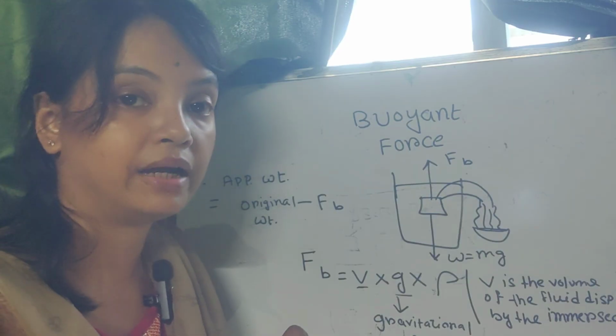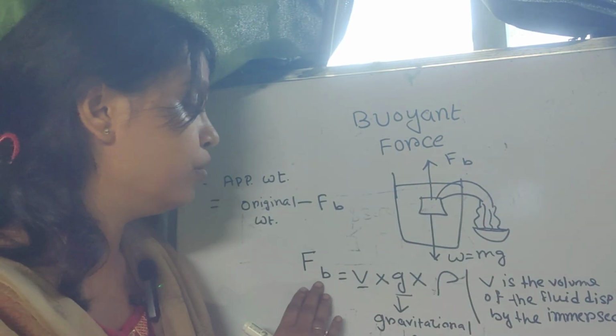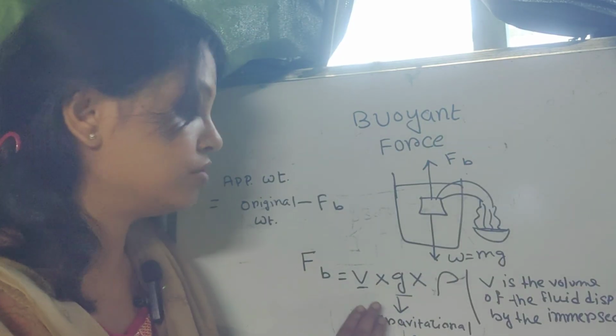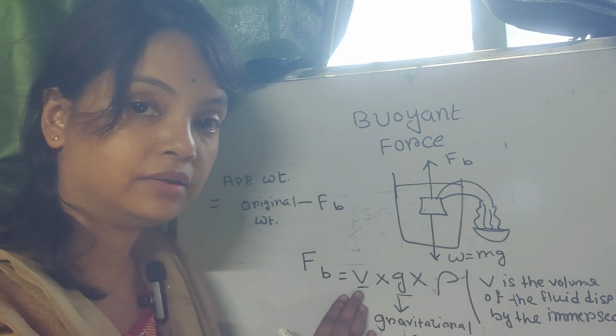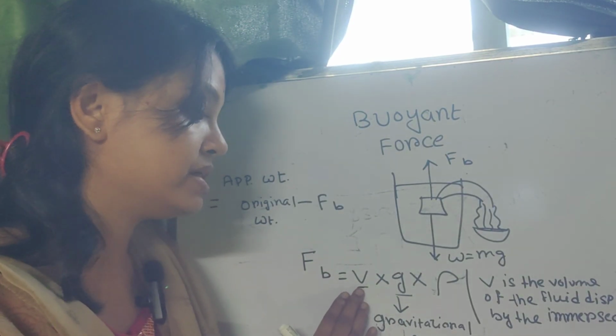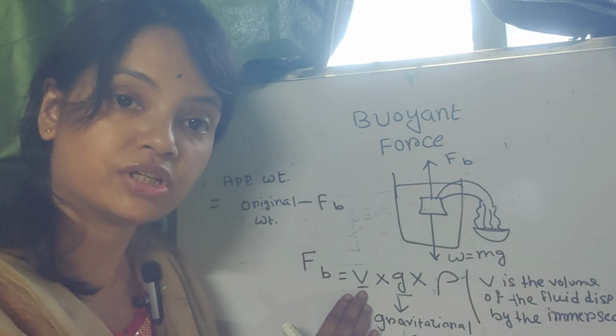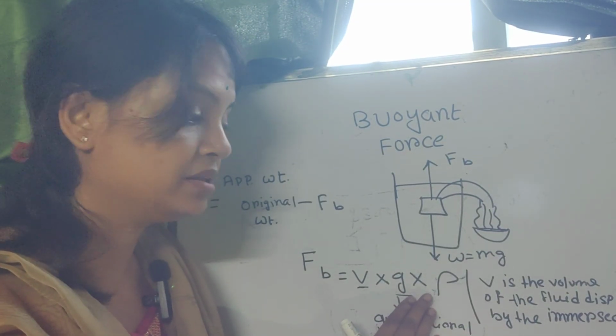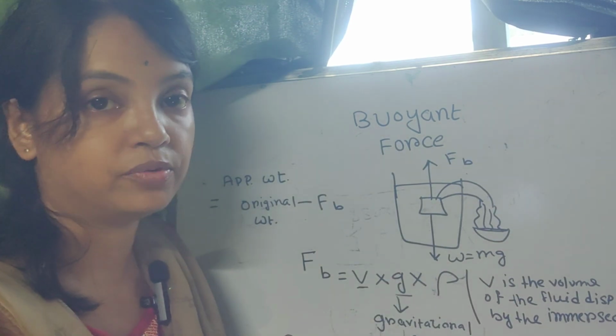So we can say that the buoyant force can be expressed as the product of the volume of the liquid that is displaced by the object, gravitational acceleration, and the density of the liquid.